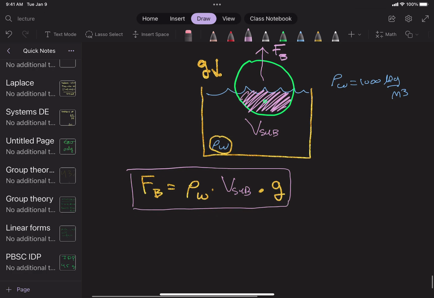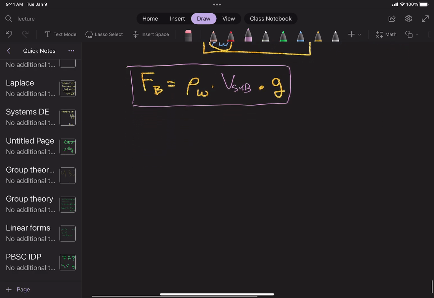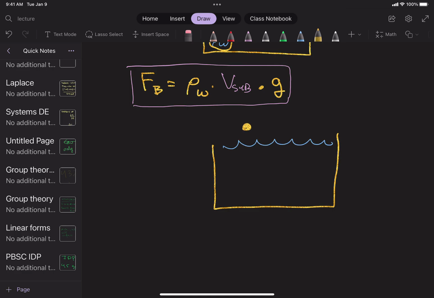But there's another way that you can calculate the buoyant force as well. If you have a tank with water, you can weigh the object in air, so you can get the weight of the object in air, Fg air.